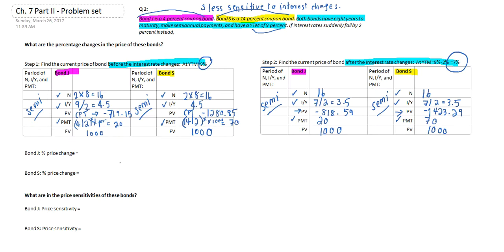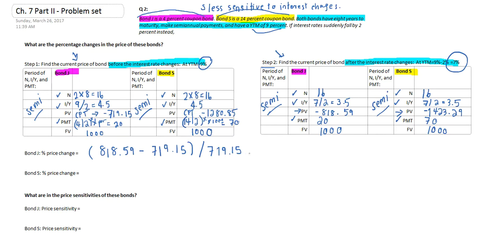Now we need to compute the percent of the price change. The percent of price change for bond J will be the price today, which is 818.59, subtracted by the price before the change, which is 719.15. And again, when we compare the change, we compare with the original price, right?